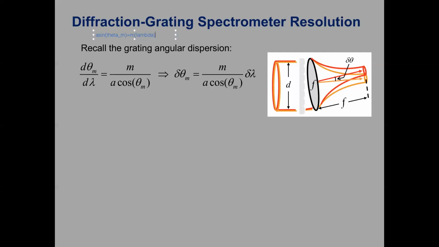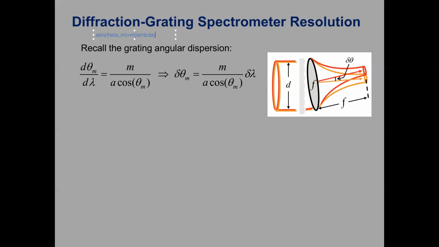The chain rule will give us a d theta d lambda in there, and the derivative of the sine with respect to theta will give us a cosine, and we could rearrange and get a formula for d theta d lambda. And then doing what math professors have always told us we can never ever do, split the derivative into 2 differentials and get that our change in diffraction angle for the different wavelengths is proportional to the difference between the wavelengths. So delta theta is proportional to delta lambda.